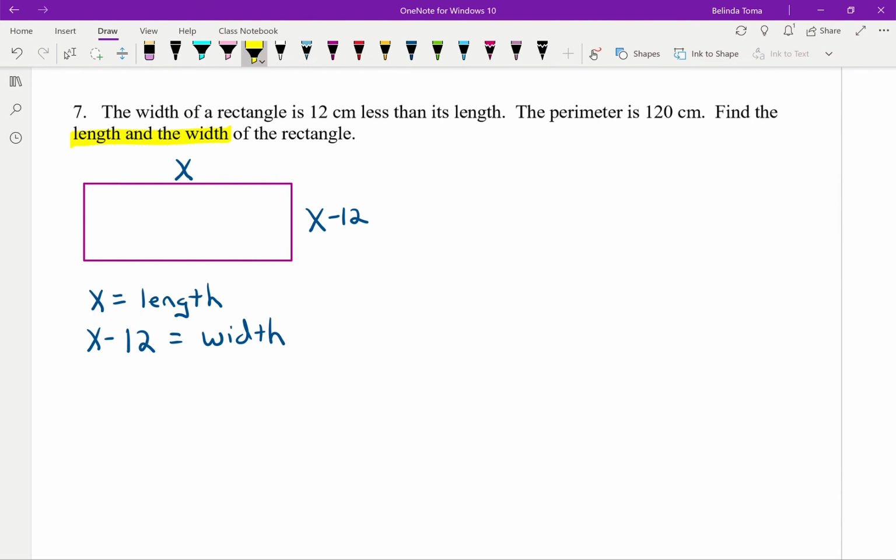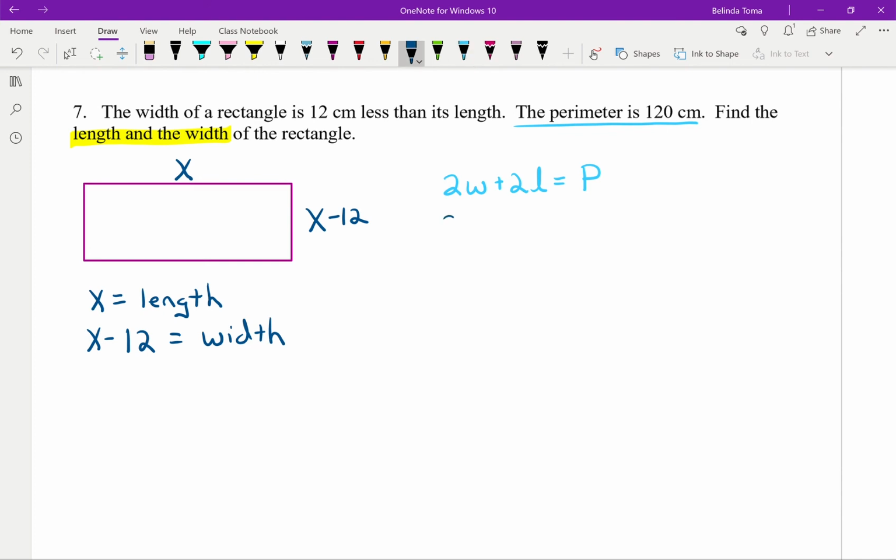Now, the perimeter is 120 centimeters. So that means that we need to know the formula for the perimeter. So perimeter is 2 of the widths plus 2 of the lengths is equal to perimeter. So what I'm going to do now is put in what we have used for length and width into the formula.